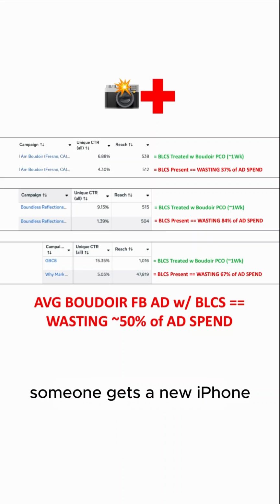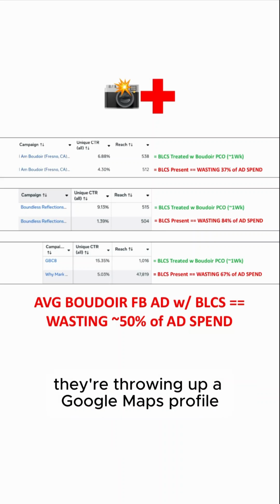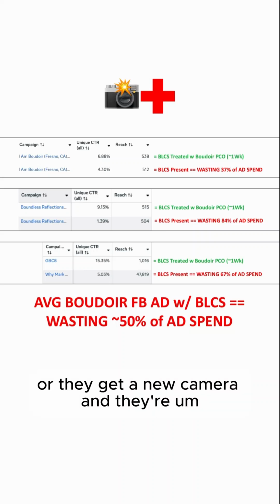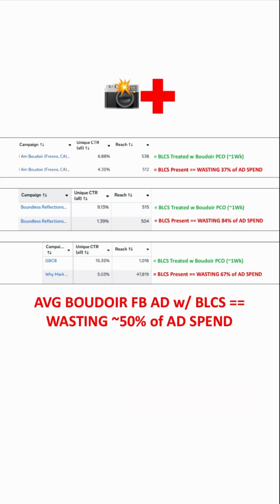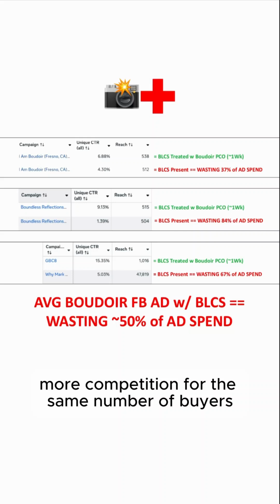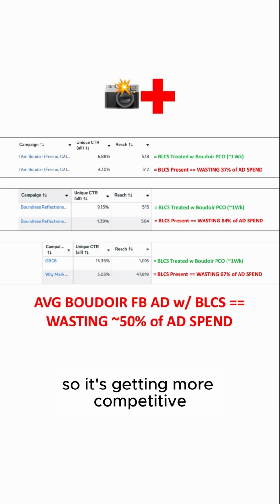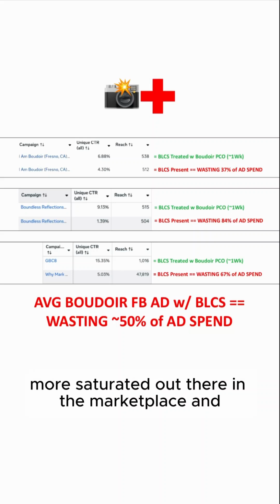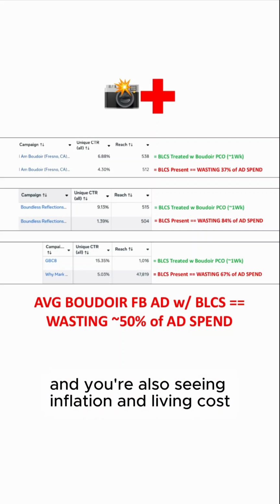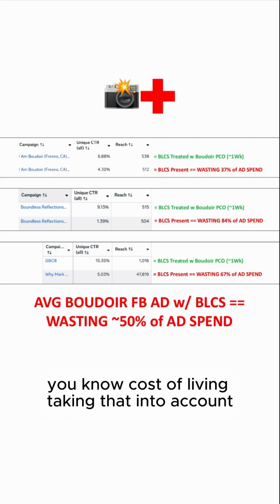Someone gets a new iPhone, and all of a sudden they're throwing up a Google Maps profile saying they do boudoir photo shoots, or they get a new camera and they're posting in the mom groups that they now do boudoir photo shoots. So it's basically more competition for the same number of buyers. It's getting more competitive and more saturated out there in the marketplace, and you're also seeing inflation and cost of living rising.